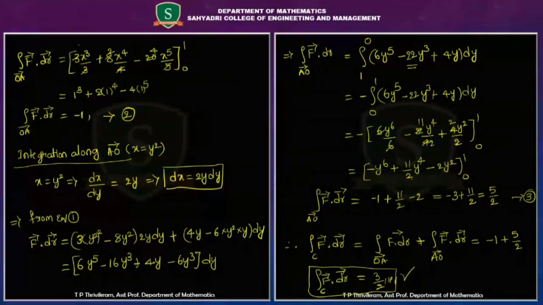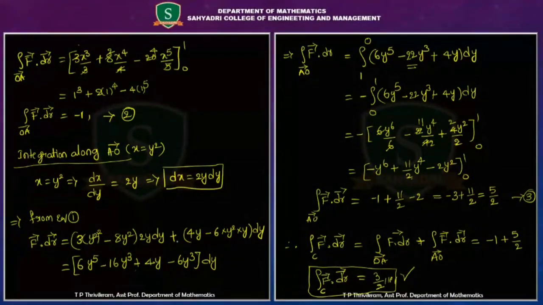Now here I have taken plus, so this will be minus as it is. This and this I have added. The change made is here: previously I had 10y cube, but here minus y cube minus 6y cube. Minus 16 minus 6 will get minus 22. So that only I have written here.